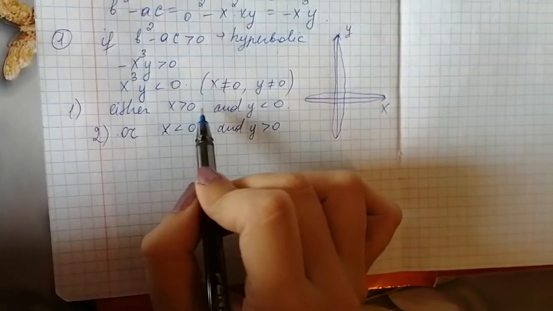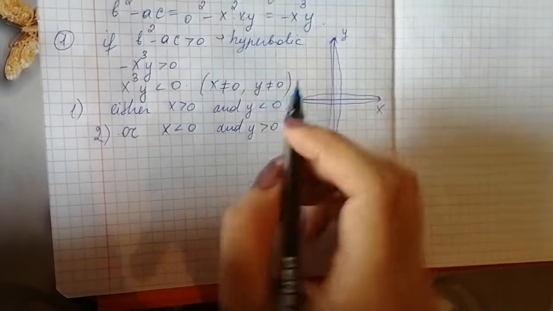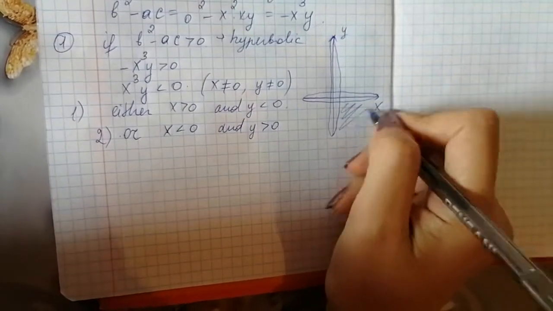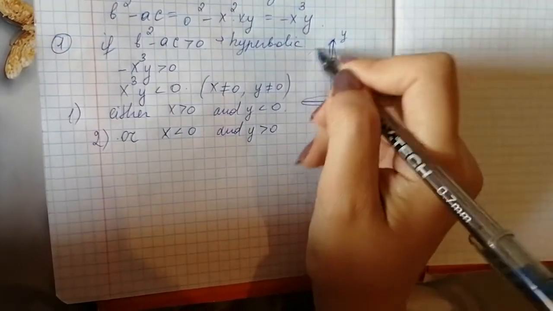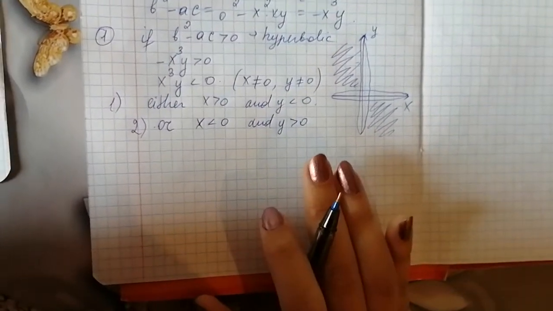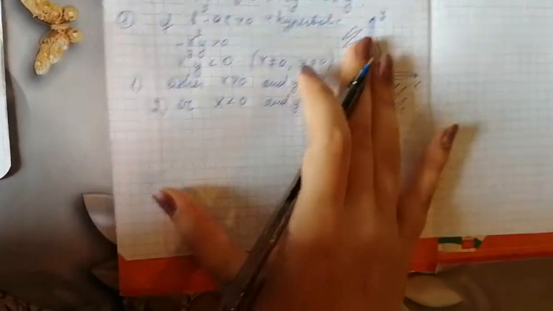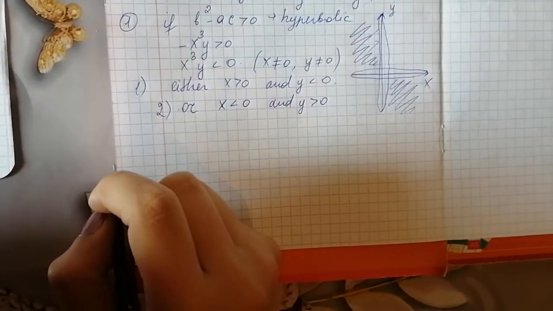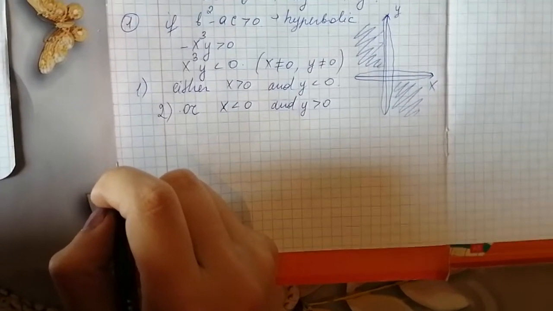Where x is greater than 0 and y is less than 0, this part, and where x is less than 0 and y is greater than 0, this part, at these points this equation will be hyperbolic type. But we can find the characteristics of this equation.